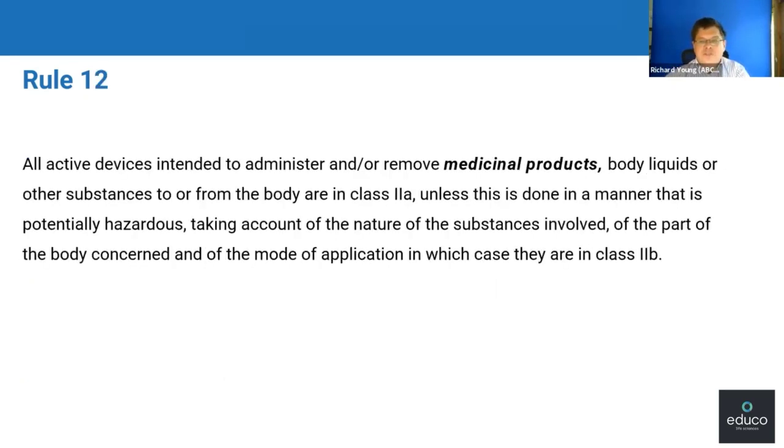Rule 12 talks about active devices intended to administer or remove medicinal products, body liquids, and other substances from the body, class 2A. So you're beginning to see, as we look at more things here, that could be describing something like an infusion pump, which is intended to administer or remove medicinal products. Talked about those things already.